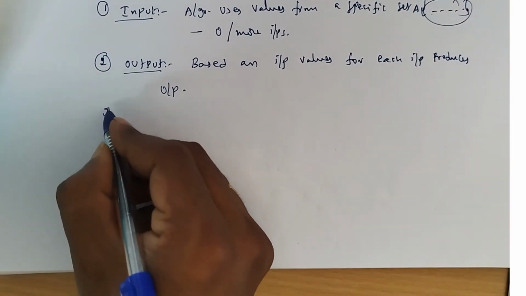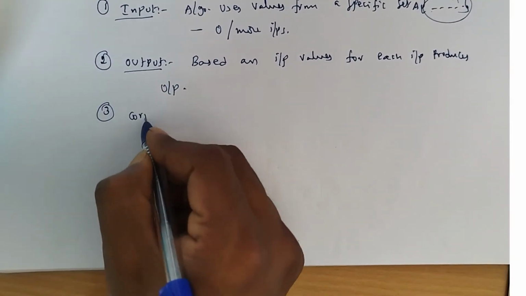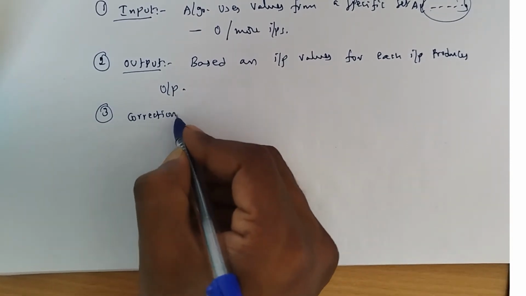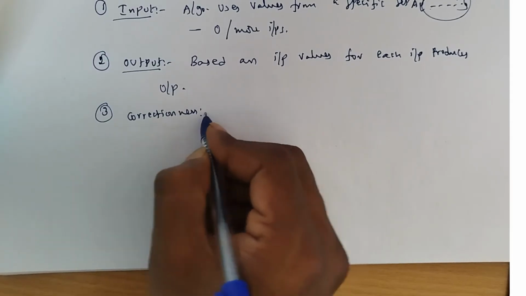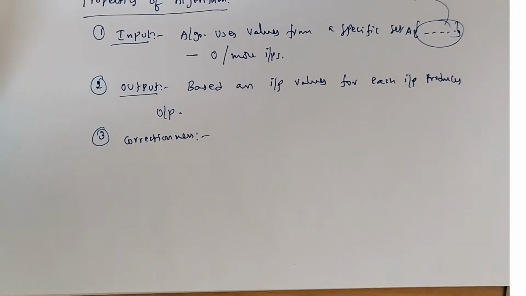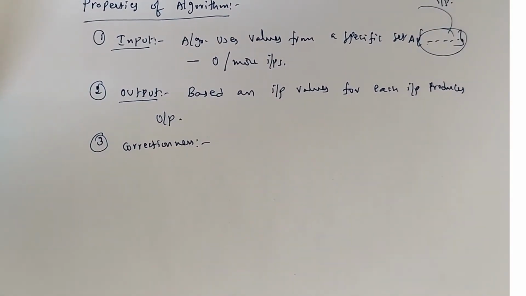Okay, the next property is correctness. What is the meaning of correctness? Here, the output is correct or not.